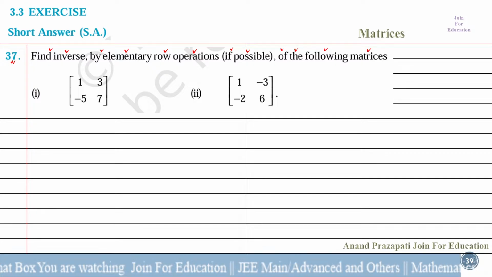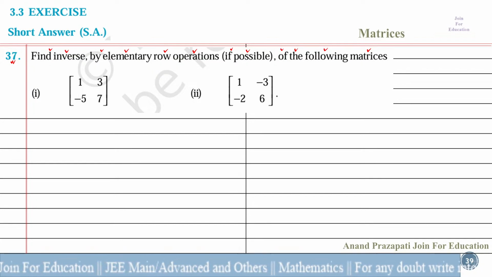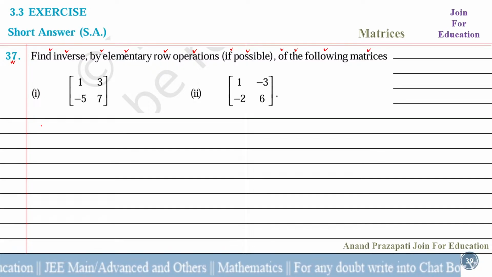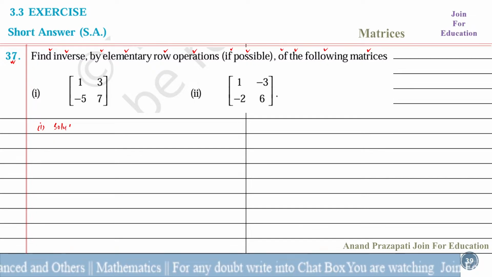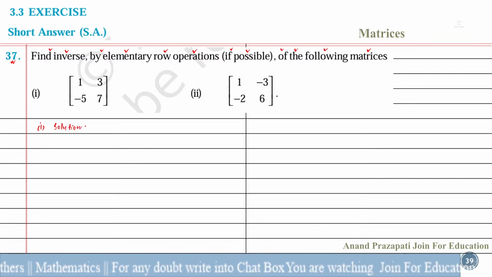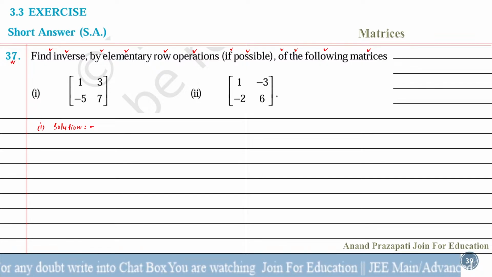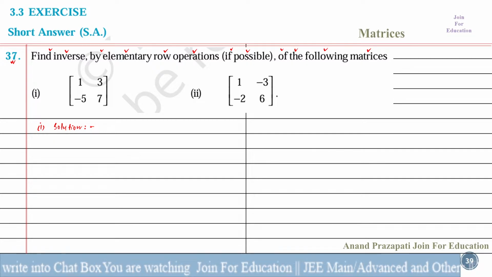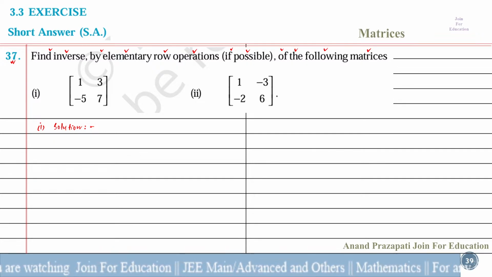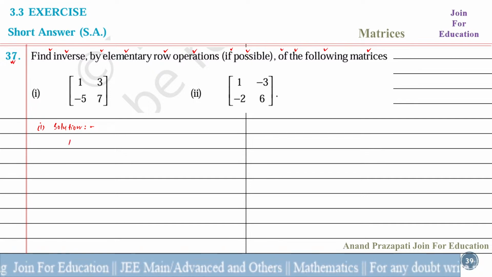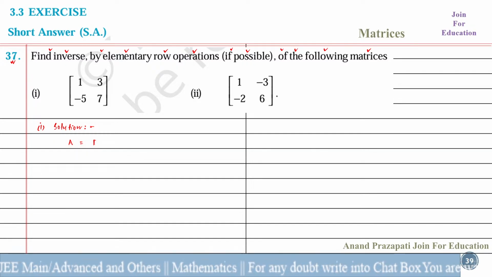So let's see the solution of the first one. According to the elementary row operation, we know that A equals I A.